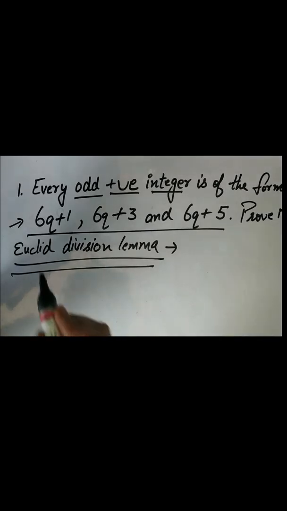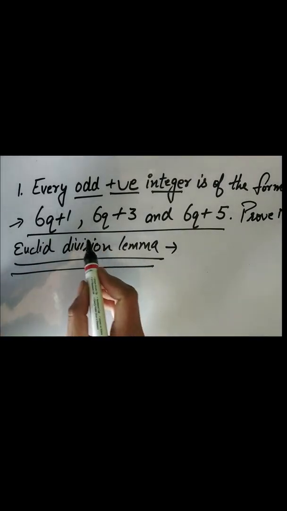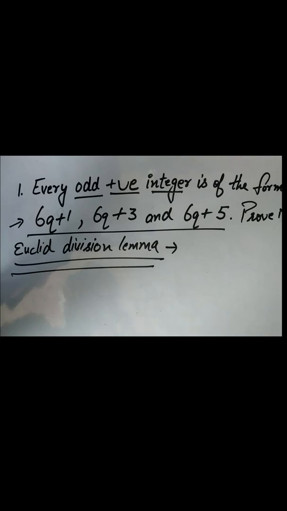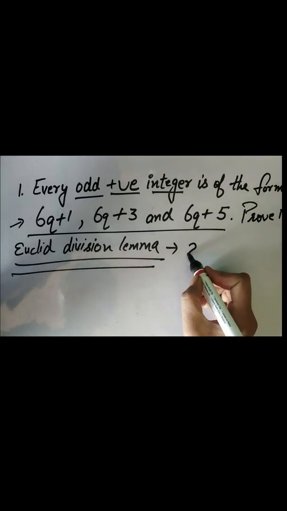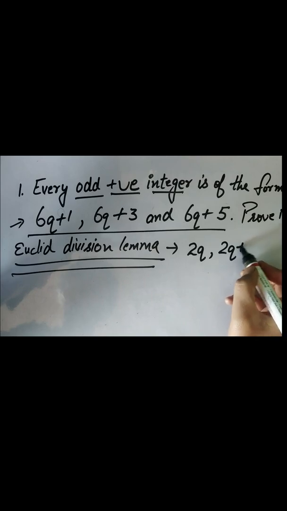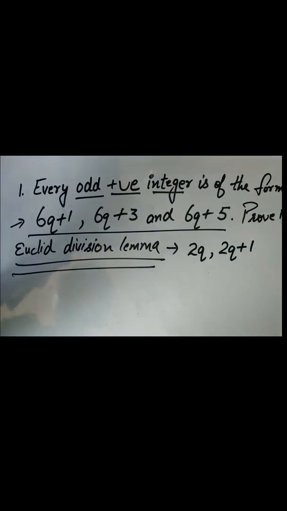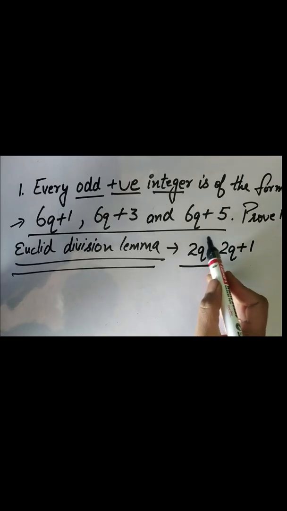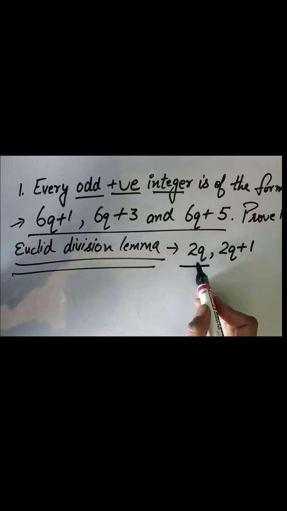Okay? But all positive integers can be summarized by two expressions. No? So first one is 2q, the other one is 2q plus 1. No? So what all numbers are included in this formula?